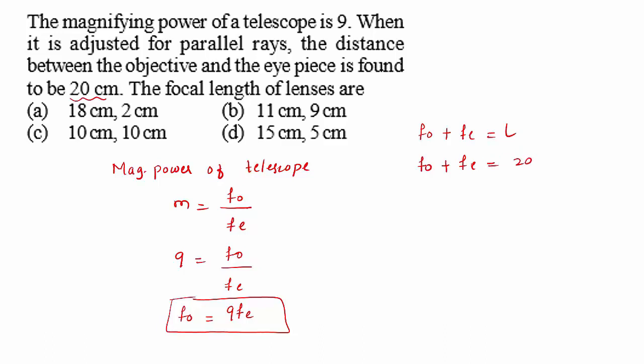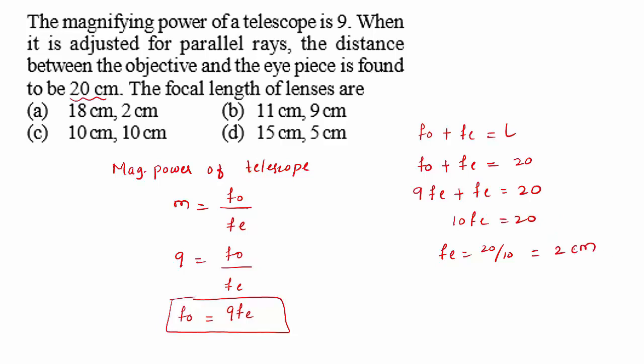Now in place of FO, we can write 9 FE plus FE equal to 20, or 10 FE equal to 20, FE equal to 20 by 10, that gives 2 centimeter.